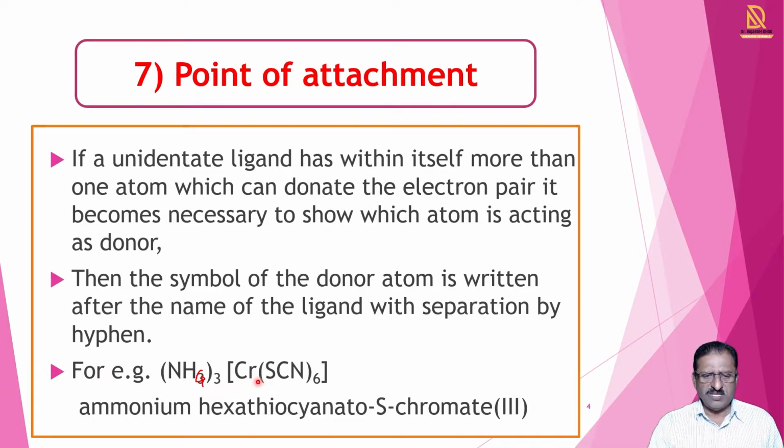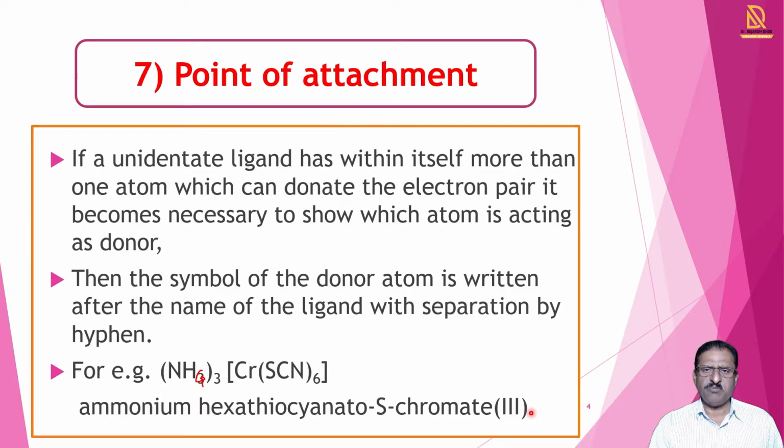So NH4 thrice is the ammonium ion which is positively charged, and this is the anionic complex ion, so its metal name ends by ATE. So we write the name ammonium hexathiocyanato-S chromate(+3).